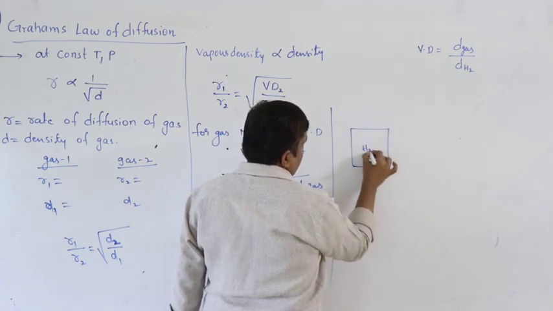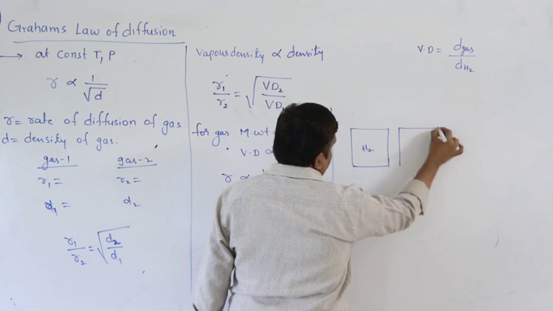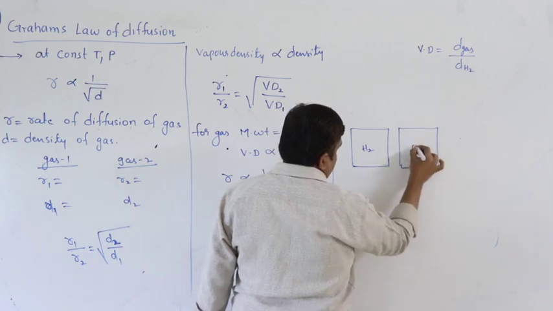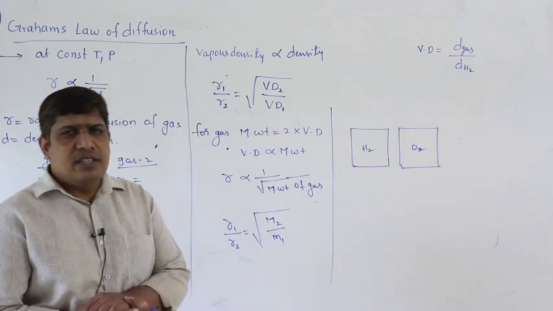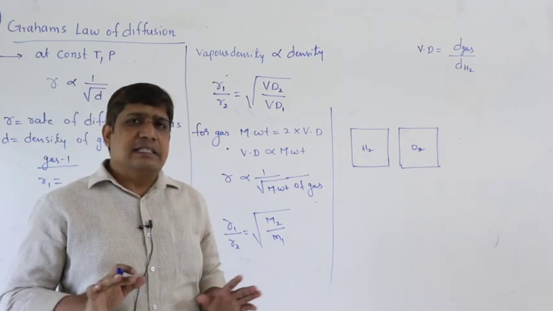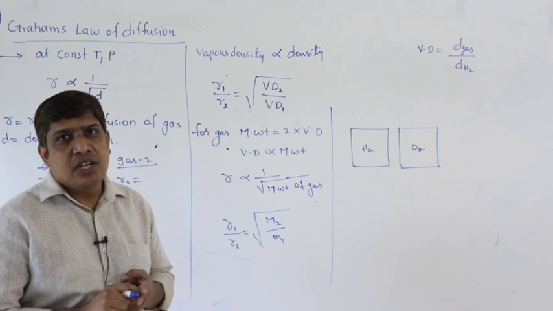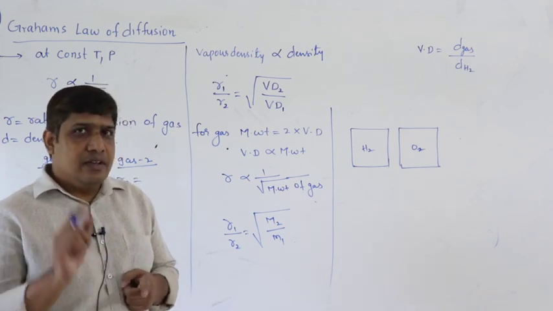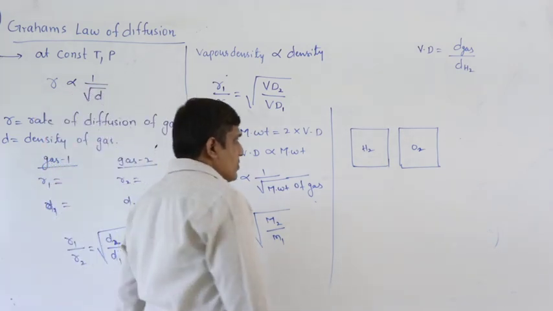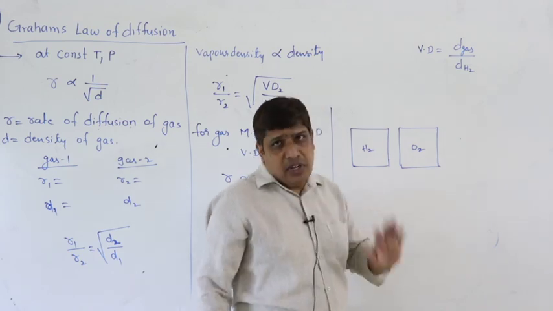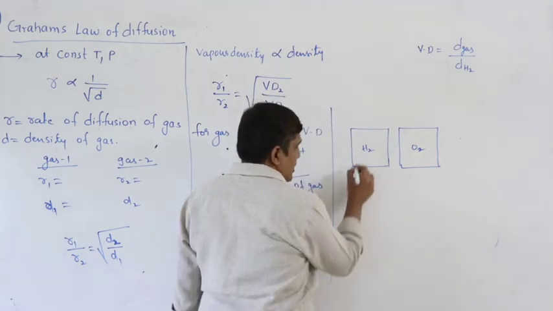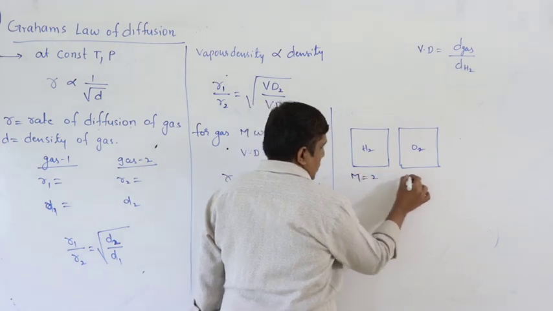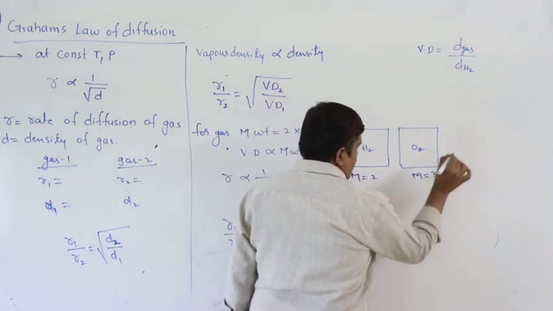In one cylinder I have hydrogen, in another cylinder I have oxygen. Same pressure, temperature, volume, everything is the same, even the number of moles. The difference is in their molecular weight. The molecular weight of hydrogen is 2. The molecular weight of oxygen is 32.